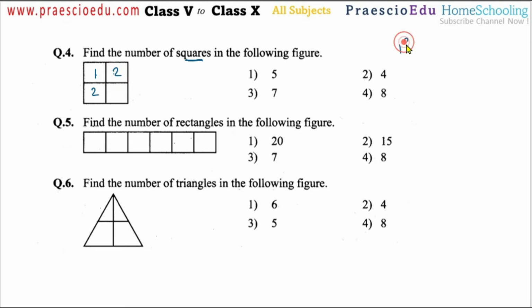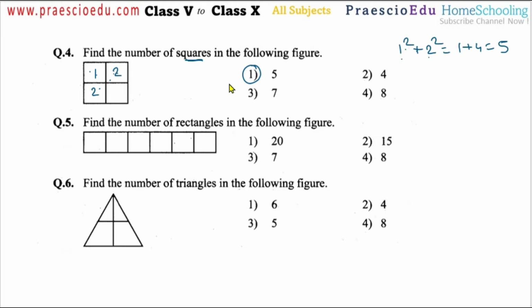So 1 square plus 2 square: 2 multiplied by 2 is 2 square, and then the remaining numbers squared, or we can say multiplied by itself. So 1 multiplied by 1 is 1 square, plus 2 square. 1 square is 1, 2 square is 4, so this is 5. So there are a total of 5 squares. 5 is given in option number 1.